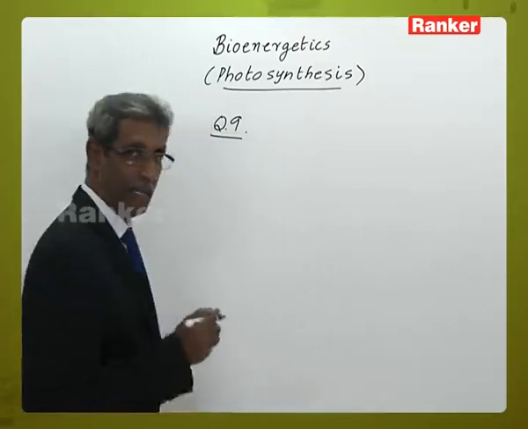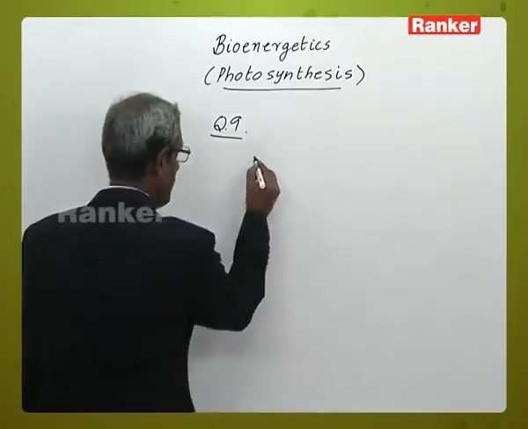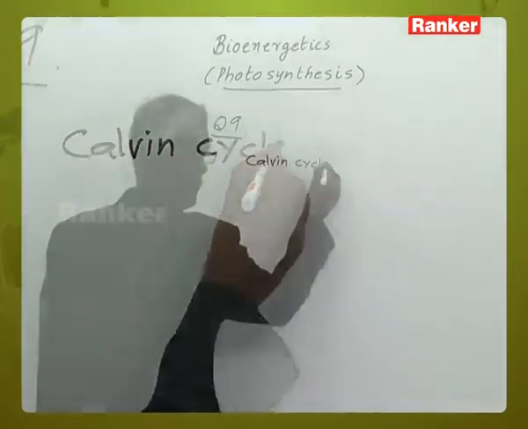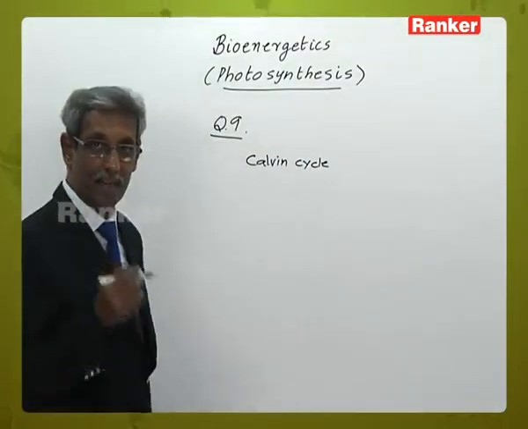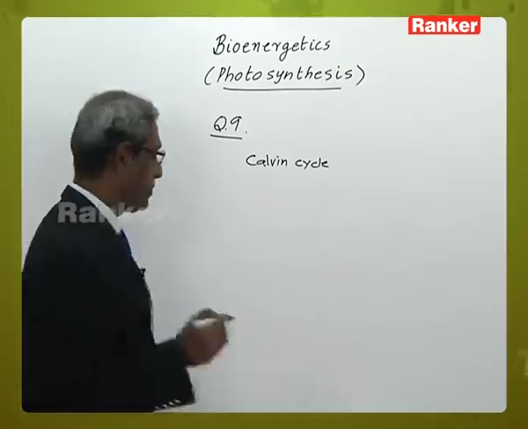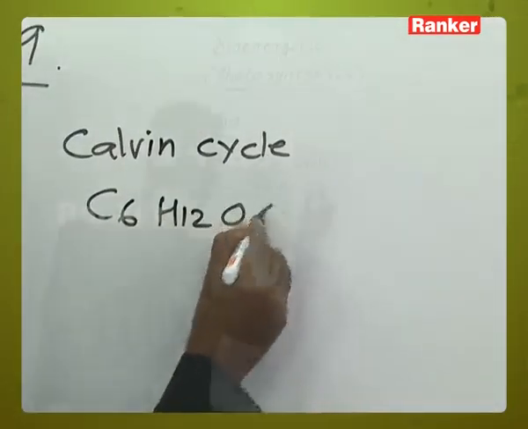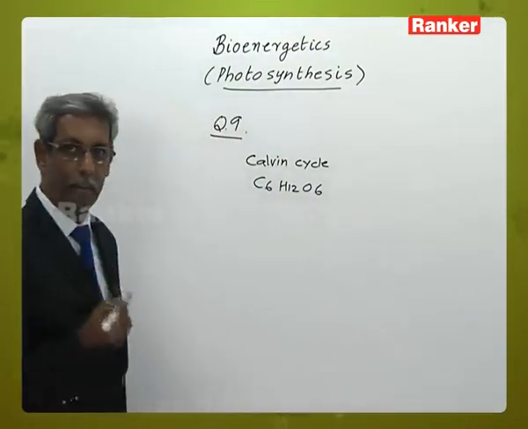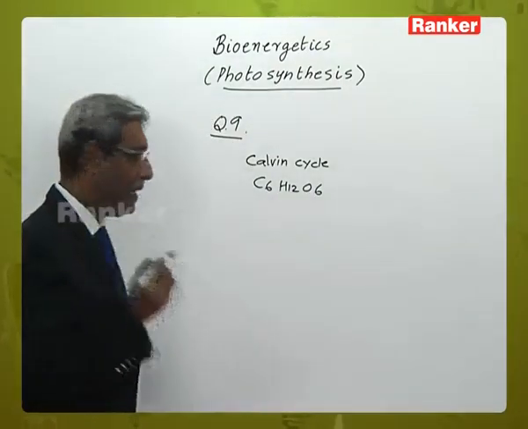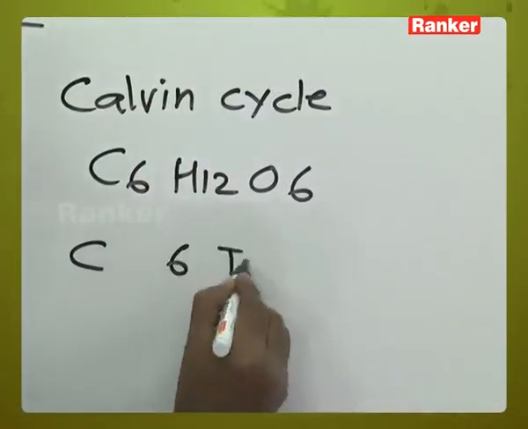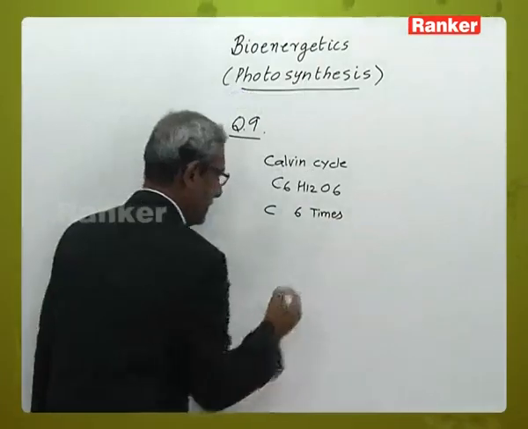We understand that during the Calvin cycle there is the need for the synthesis of glucose, that is C6H12O6. It means there should be 6 rounds of movement of carbon in the cycle.